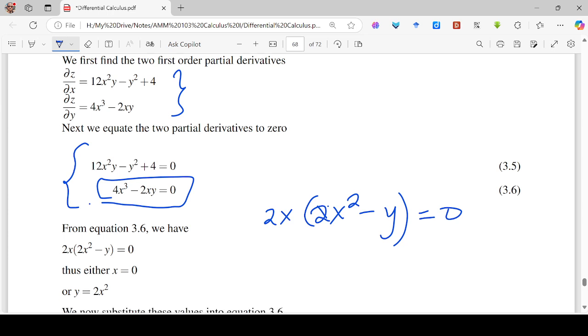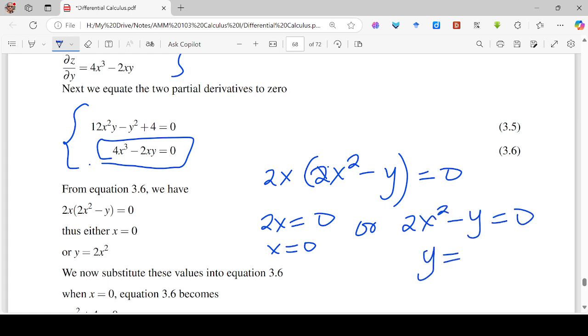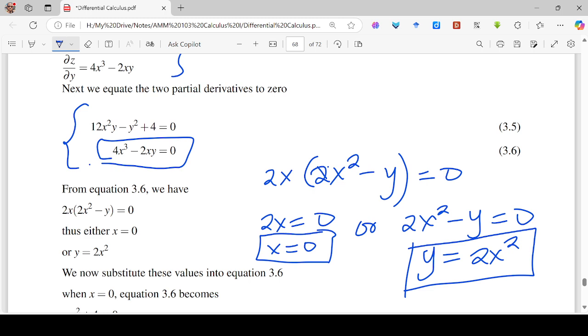So once we write this, then we can say either 2x equals 0, from which x is 0, or 2x squared minus y equals 0, from which y equals 2x squared. So from this equation, we get either x is 0 or y is equal to 2x squared.